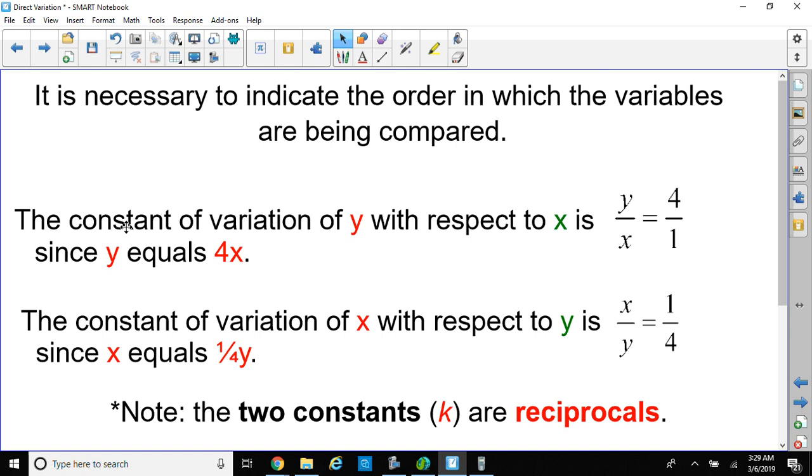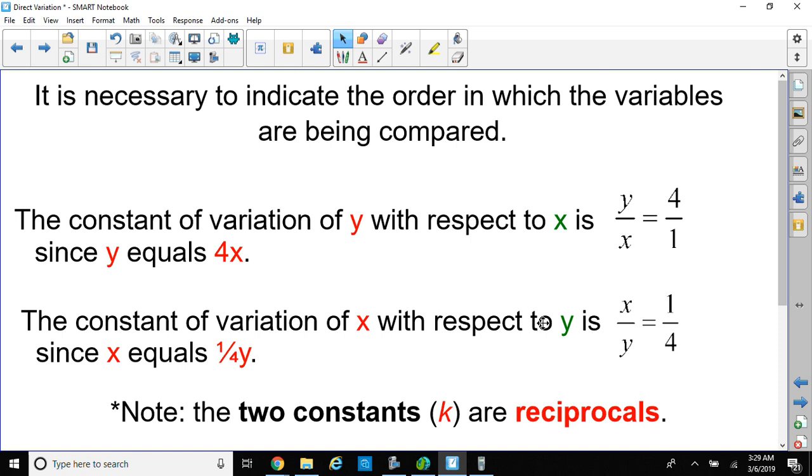So the constant of variation, in other words, the fraction of y with respect to x, would be, since it's a fraction, here's your numerator, there's your denominator, y over x, which is 4 over 1, since y is equal to 4x. The constant of variation of x with respect to y is x over y.